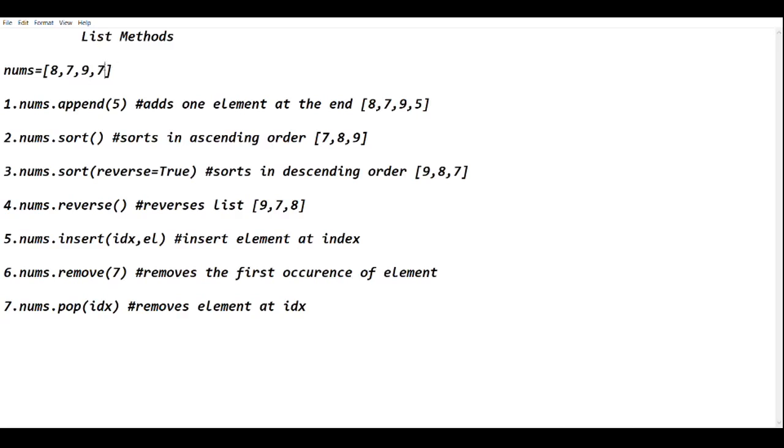The first occurrence is the first index, so the 7th element is removed from the first index. So this is the first occurrence. The remove method is basically used to remove the first occurrence of the element which I write inside the parenthesis. So the result will be 8, 9, 7.